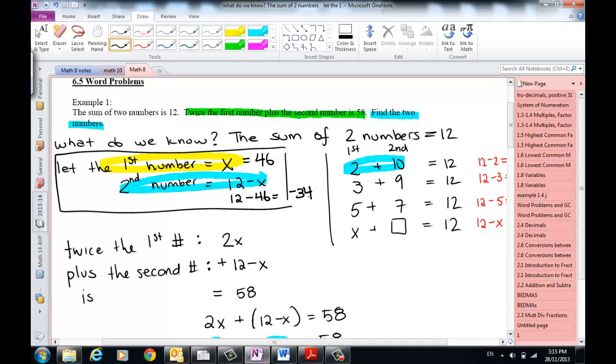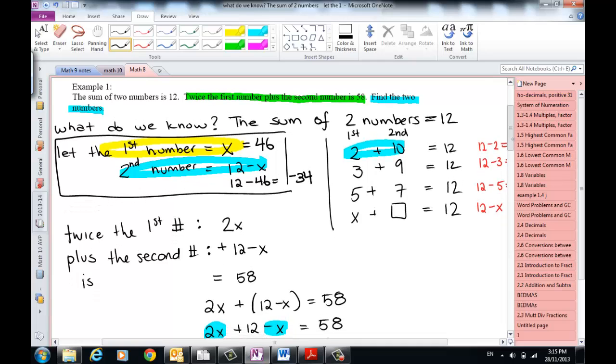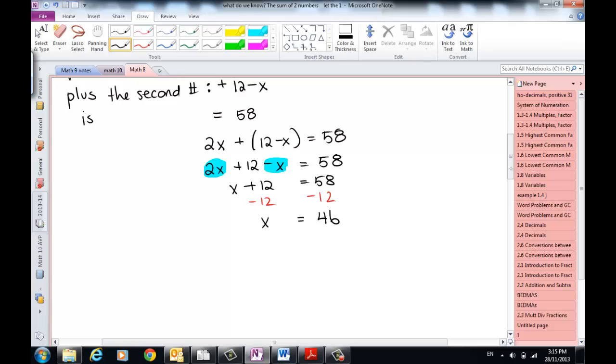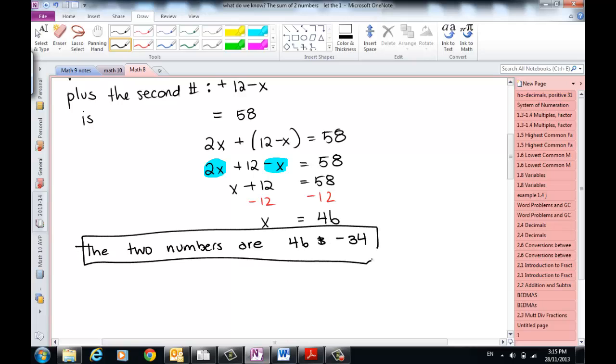So we're going to always write our answer in a conclusion. Word problems are in words, and our answer should be in words too. So the two numbers are 46 and negative 34. And now we're done that one.